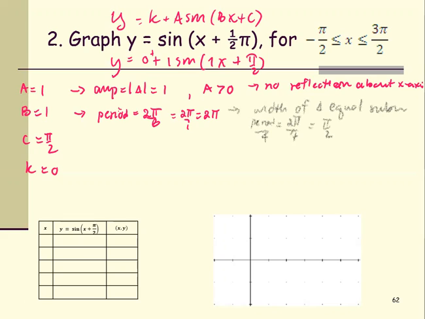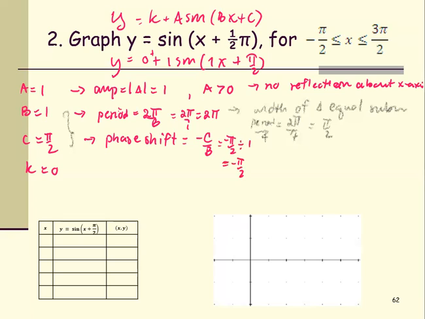The value c is used with the value b to compute the phase shift. The formula is negative c divided by b. The value c is pi over 2, so negative pi over 2 divided by b, which is 1, turns out to be just negative pi over 2.